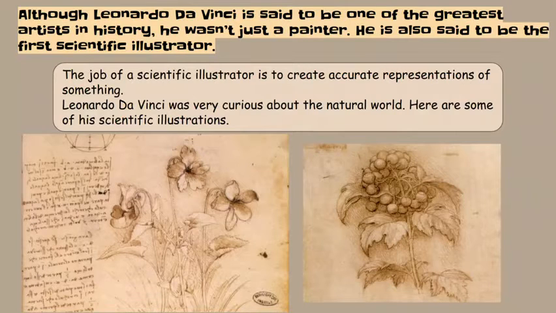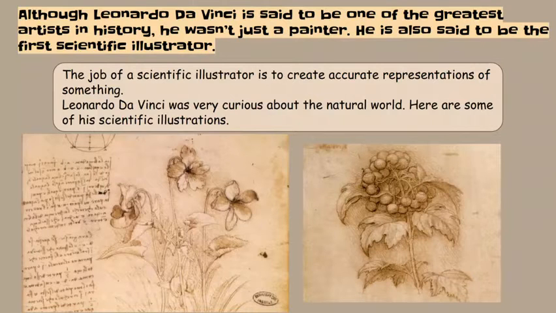Although Leonardo da Vinci is said to be one of the greatest artists in history, he wasn't just a painter. He is said to be the very first scientific illustrator. The job of a scientific illustrator is to create accurate representations of something. Leonardo da Vinci was very curious about the natural world.